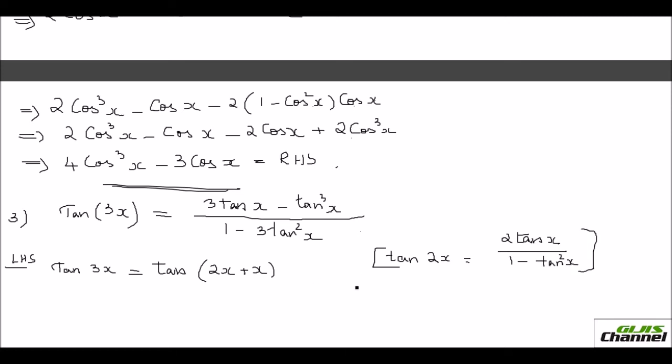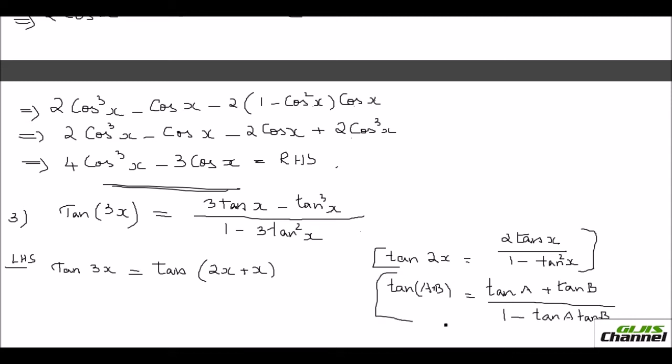And the tan a plus b formula also we know. Let me put that here. Tan a plus b formula is tan a plus tan b over 1 minus tan a times tan b. Okay? So I'm going to apply these formulas here.